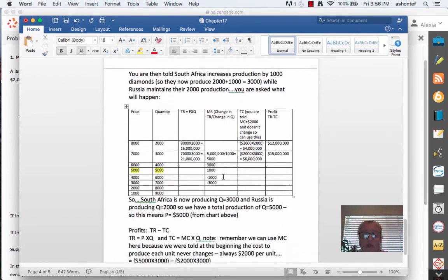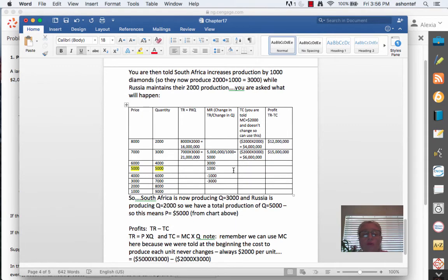Then moving on down, you're told that South Africa starts to, you can kind of think of it, cheat. They decide they're going to increase their production by 1,000 units. Technically the best place to be is where the total amount being produced is 4,000, so each country would produce 2,000 apiece.